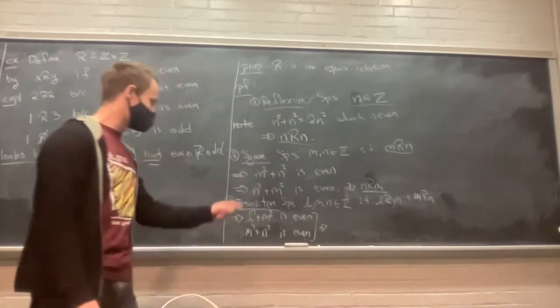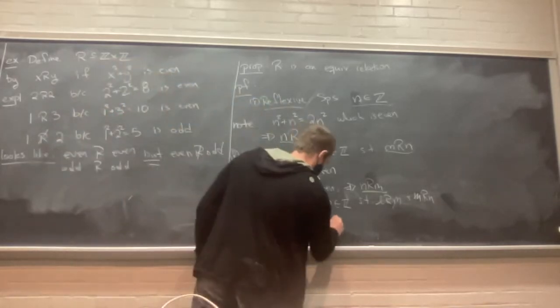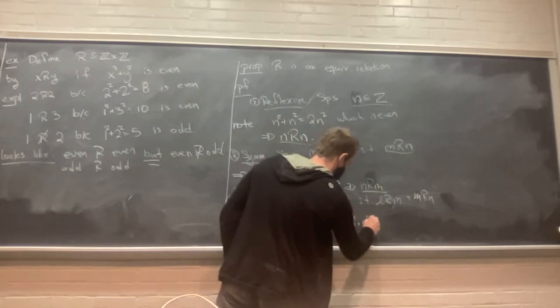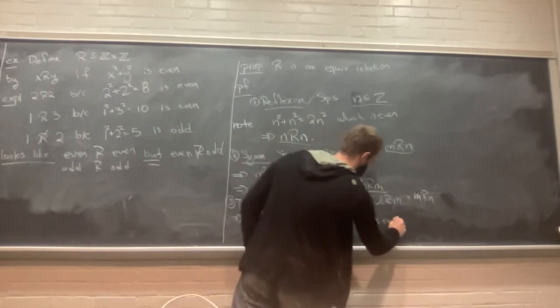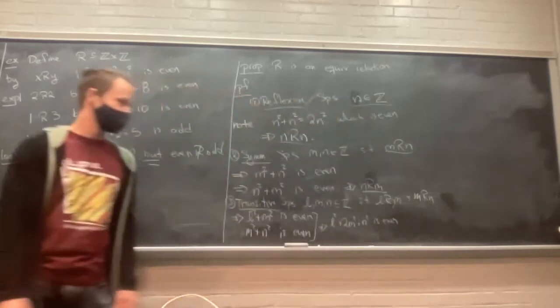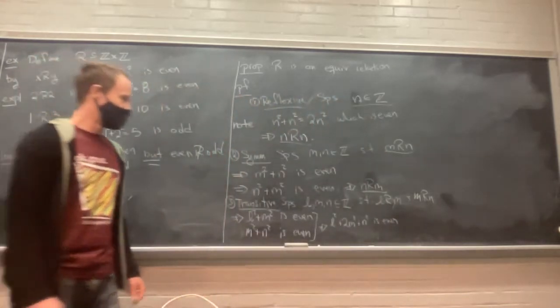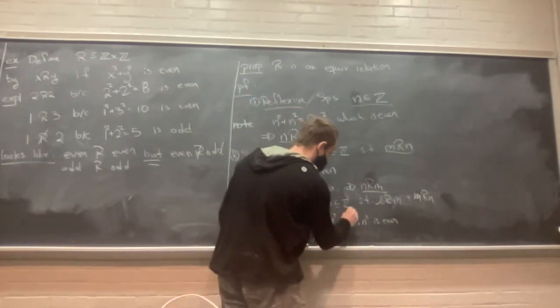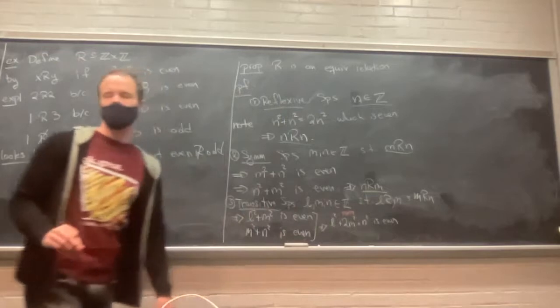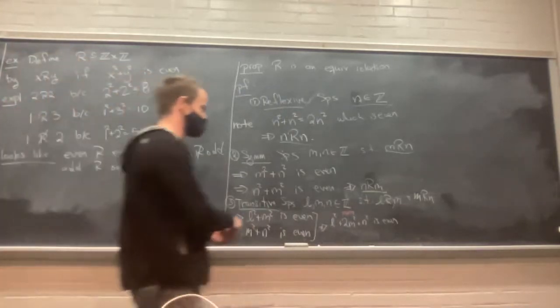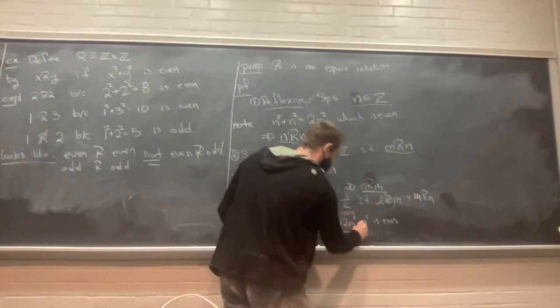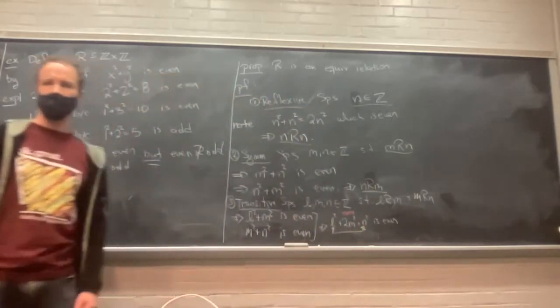Notice if we add those two together, we have L squared plus 2M squared plus N squared is even, right? But we know this guy is already even because it's a multiple of 2. So that thing is already even. But that tells us that everything else must be even, right?